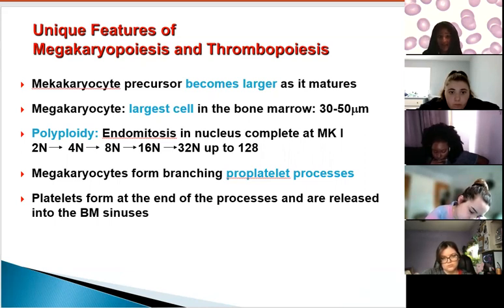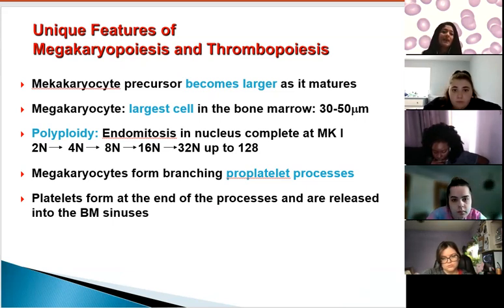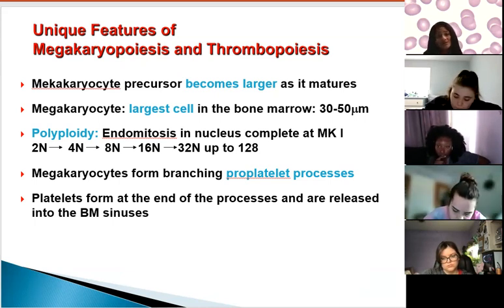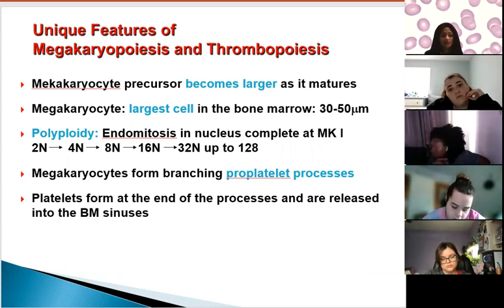It's polyploid. Endomitosis in the nucleus is complete at MK. That should say MK2. It ends at MK2, okay? And you can have 32N up to 128N. The megakaryocytes form branching proplatelet processes, and then platelets form at the end of these processes and are then released into the bone marrow sinuses.